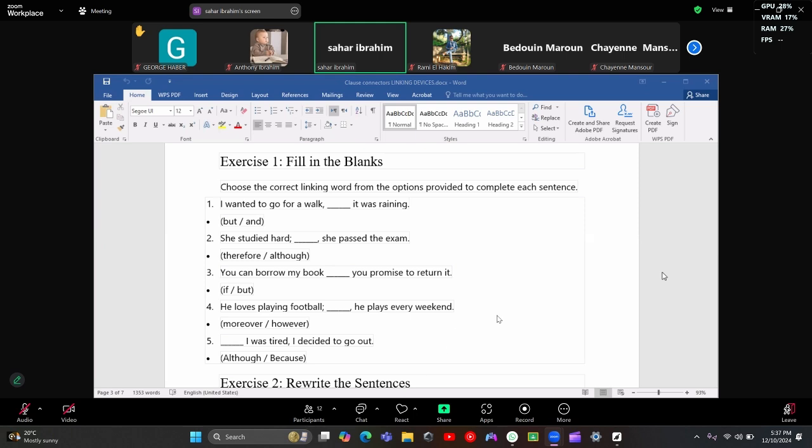Please note that we use but for contradiction. We have contrasting ideas. For example, when I say she studied but she failed, this is contradiction: if she studied, I expect she would pass. She studied but she failed, this is contradiction. Okay.